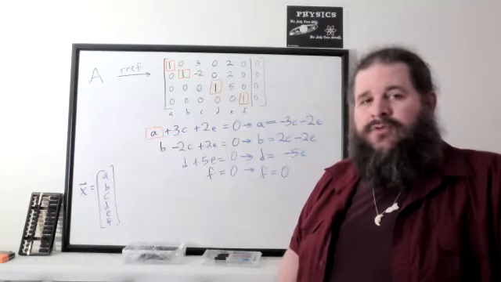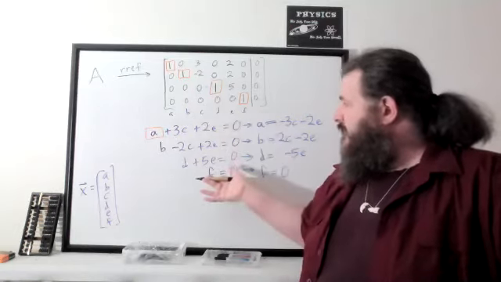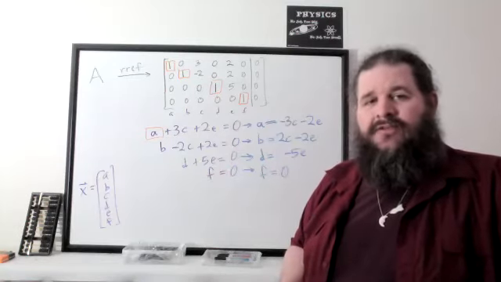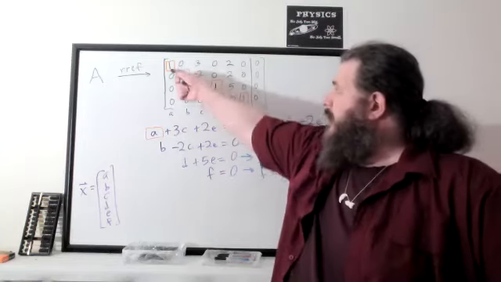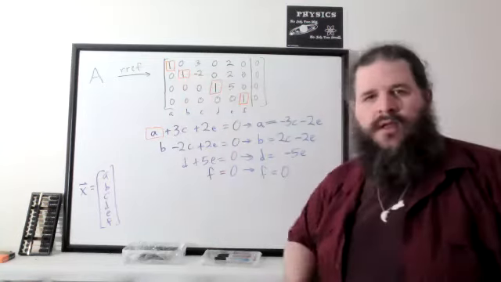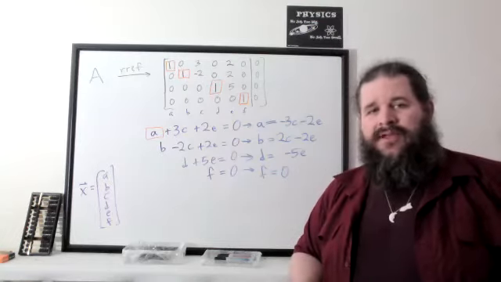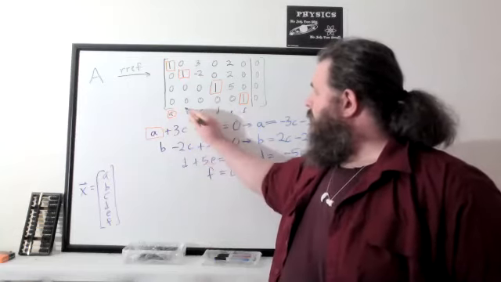The whole point of reduced row echelon form in the first place is so that when you rewrite that as equations, some of the variables are going to be incredibly easy to solve for. And those are specifically the variables that show up as pivots. So in general, in row reduced echelon form, any column with a pivot corresponds to the fixed variables.